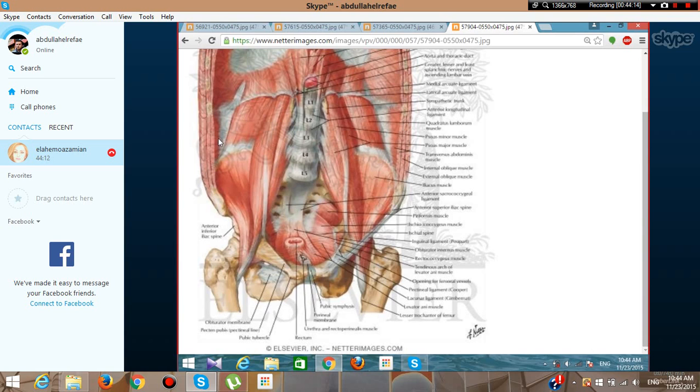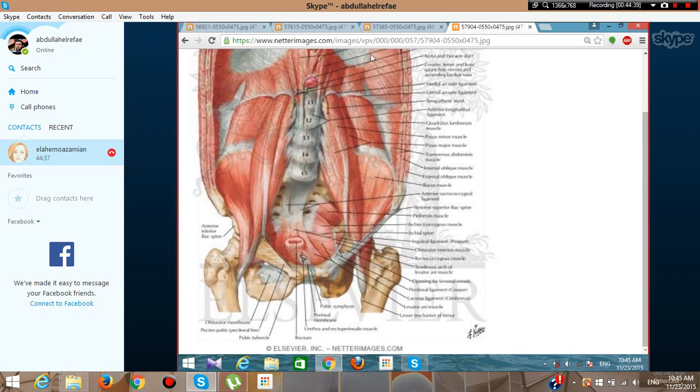Then we have quadratus lumborum. Then we have psoas major, and on top of psoas major, we find psoas minor. And here, where you have the iliac bone, this is iliacus muscle.